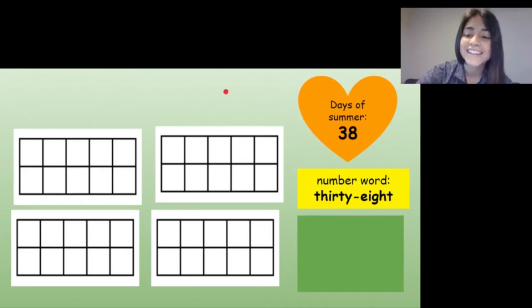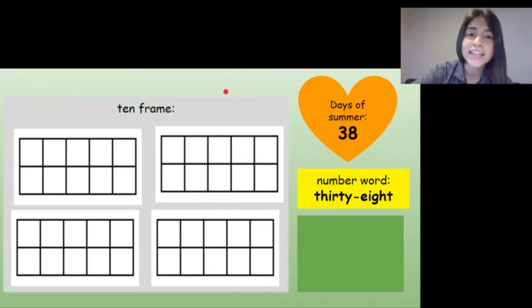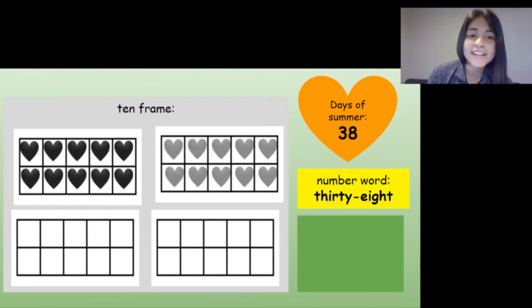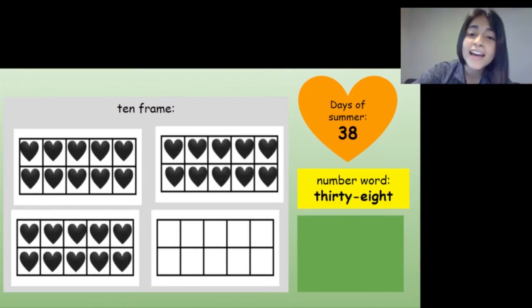Ooh. Now we're going to move into a 10 frame. Can you tell me how many 10s are in the number 38? Yeah, there are 3 10s. 10, 20, 30. So I'm going to bring that over. 1 10, 2 10s for 10, 20, another 10 for 30, and now I need to get to 38.